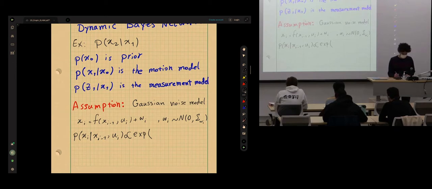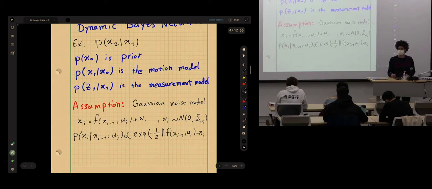We can just talk about the exponential part, that is 1/2 of the weighted norm of the difference between xi and the output of the model, weighted by the noise covariance.